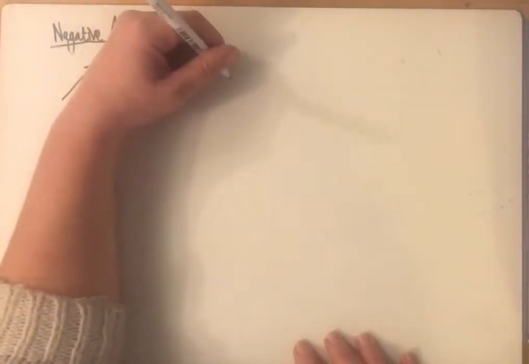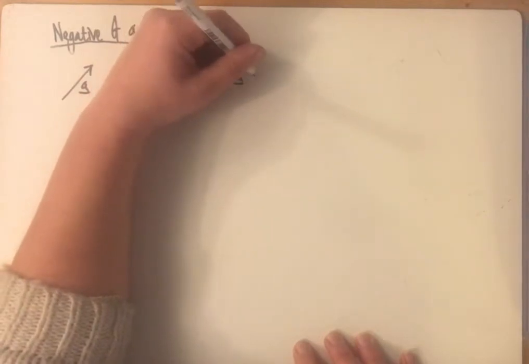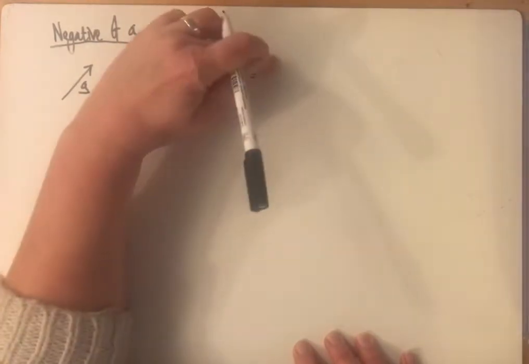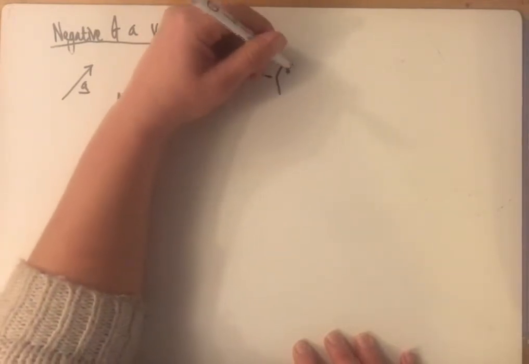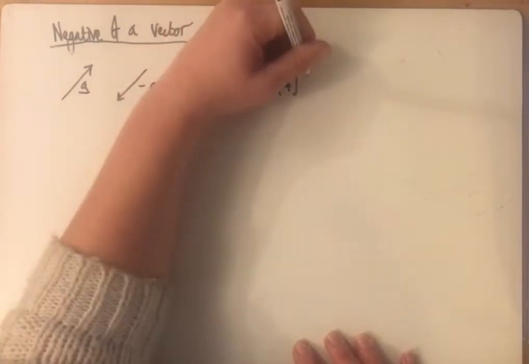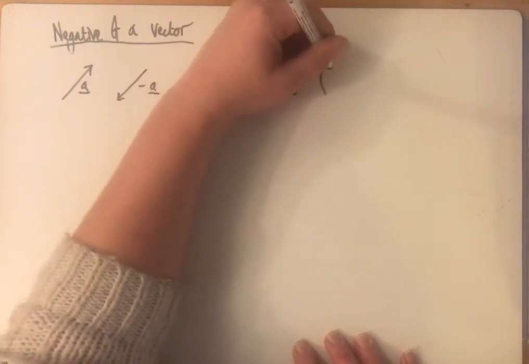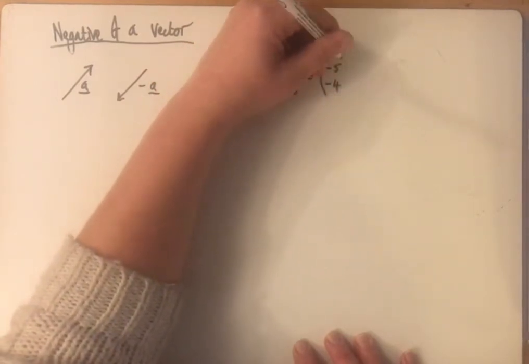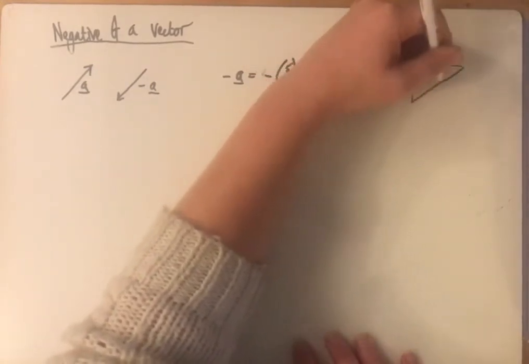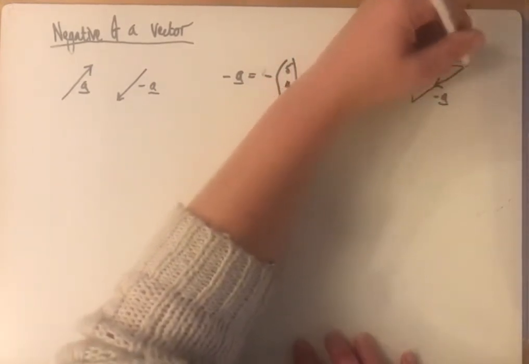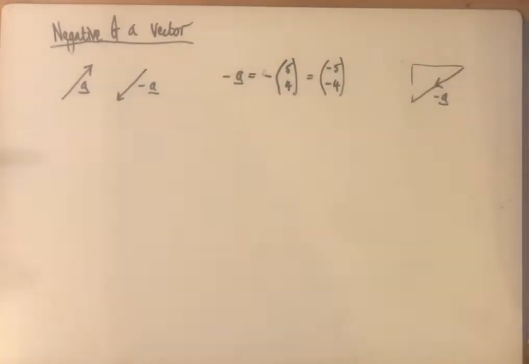In terms of how you'd multiply that, minus A, we stick with the same A, which is 5, 4, will be minus 5, 4, and that's equal to minus 5, minus 4. So you go back 5, down 4, instead of across 5 and up 4.